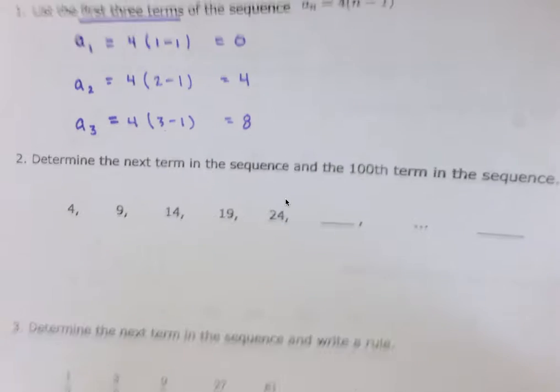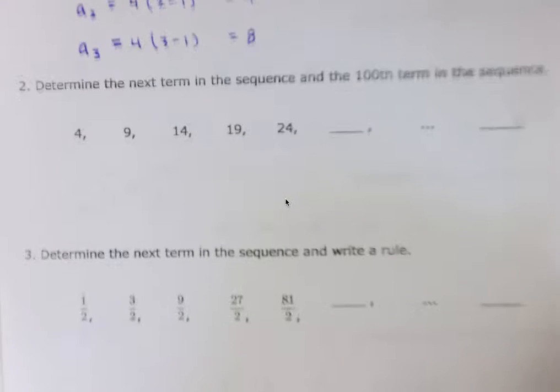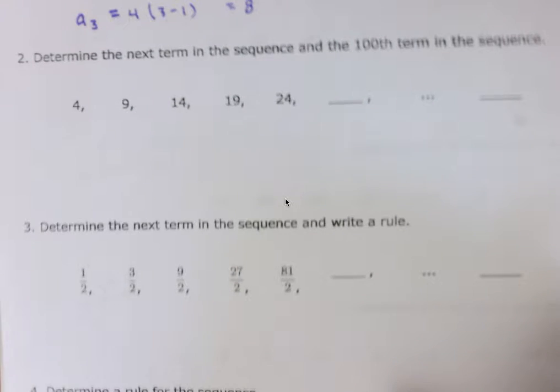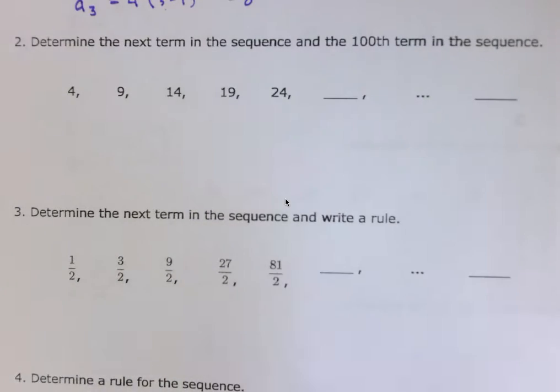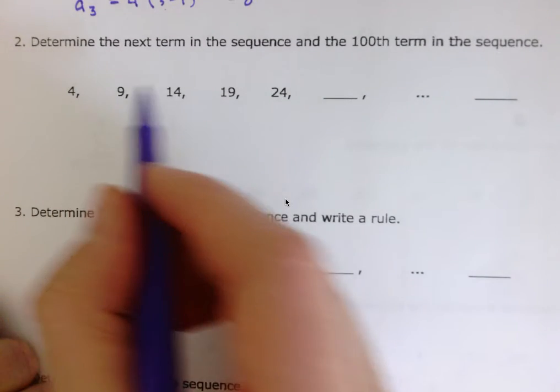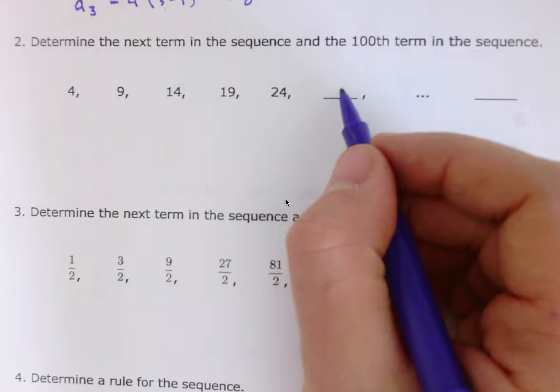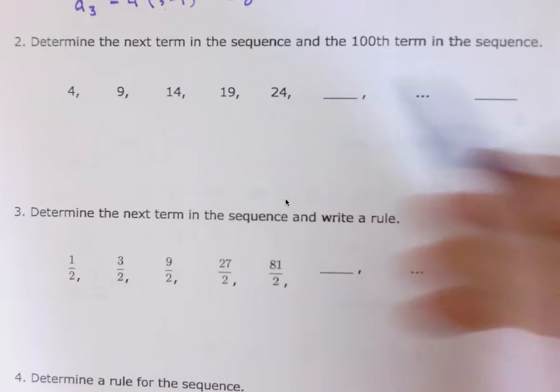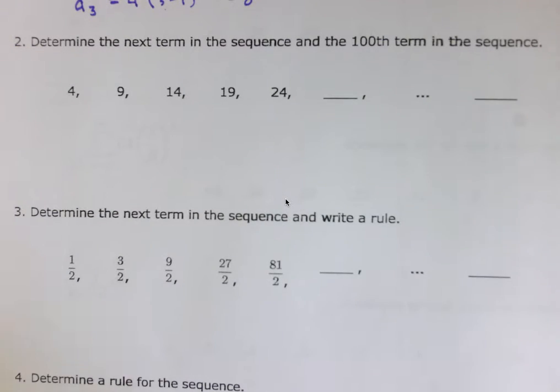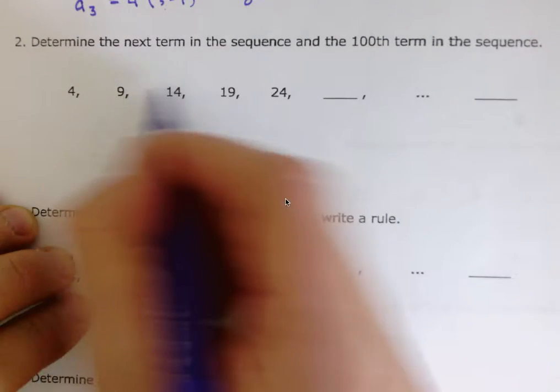What we're really more interested in here is the other way around. This time, number 2, I have given you a sequence of numbers that have a pattern. And I'm asking you, what's the next term in the sequence? And then what's the 100th term in the sequence? So you begin by seeing if you can find a pattern.